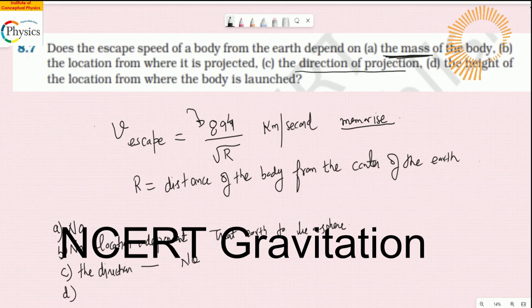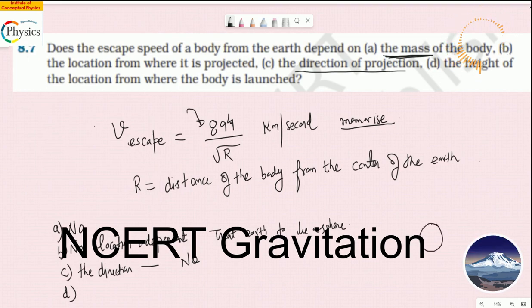Next is the height of the location from where the body is launched. The answer to this is yes, because if you have Earth, the surface of the Earth here, and the body is launched, for example, from Mount Everest, which is 9 kilometers above the surface of the Earth.